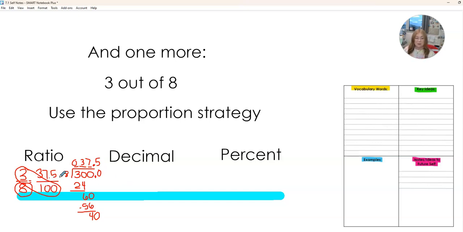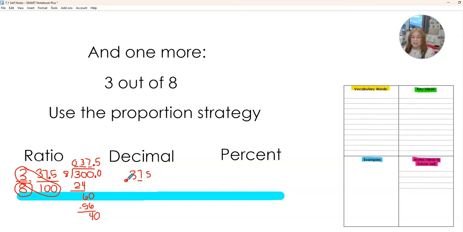And now the decimal: when I'm moving my decimal, I'm really just taking my ratio and moving it 2 places forward. So now it's 0.375, 375 thousandths. We just move that decimal from here 2 places forward.